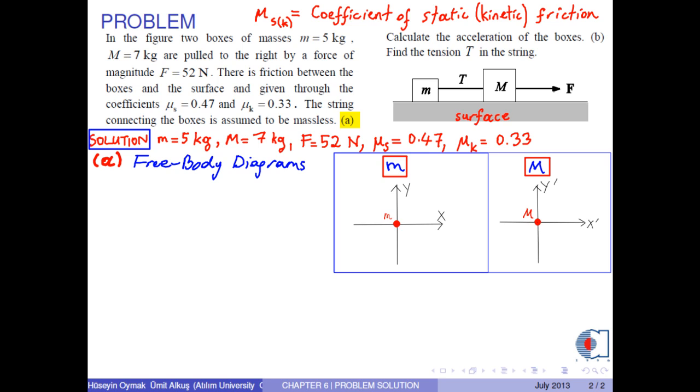Now we draw all the forces acting on the body. First of all, we draw the gravitational force on the objects. Secondly, since the masses are in contact with the surface, we have the normal force like this. Next, we draw the tensional force on the body.